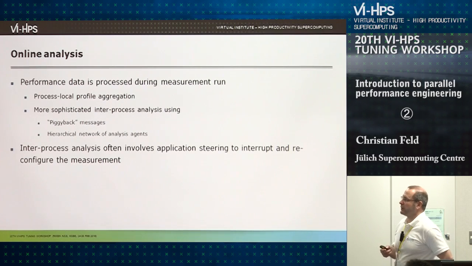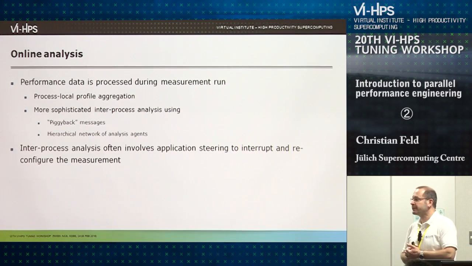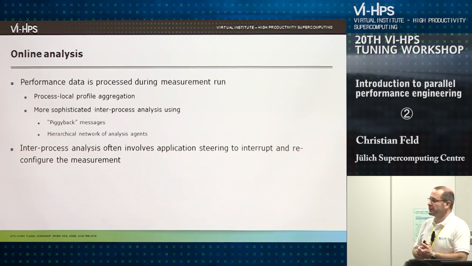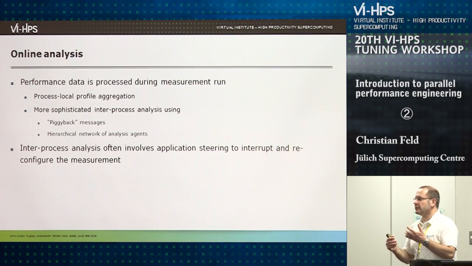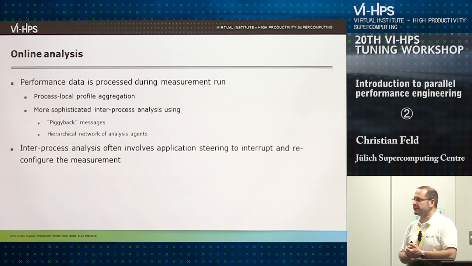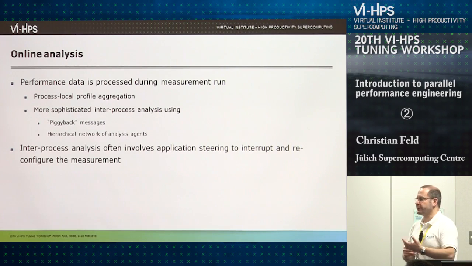During online analysis, usually you work with some profile aggregation data, and when you have MPI communication, you additionally send some extra information needed for online analysis, in addition to the original MPI messages.